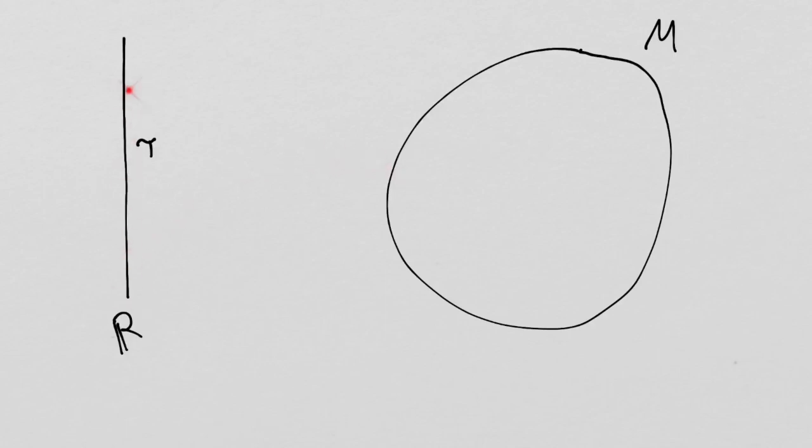This only has one dimension. This is a one-dimensional thing. And I'm going to call that mapping alpha. And alpha goes from the real number line into the manifold. And so this point here is alpha of, say, let's just say 0. So tau equals 0 right here.